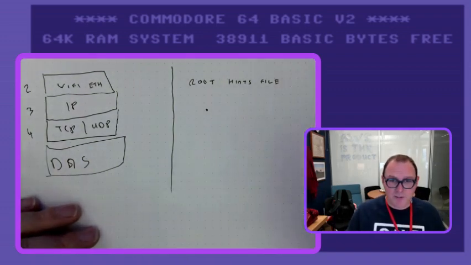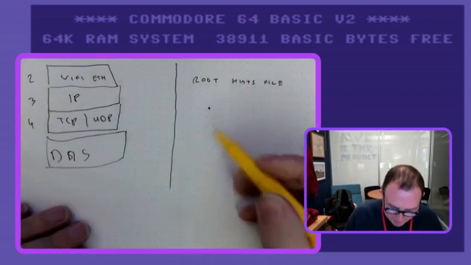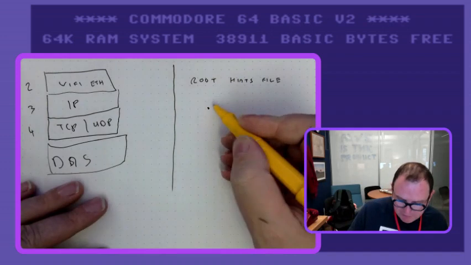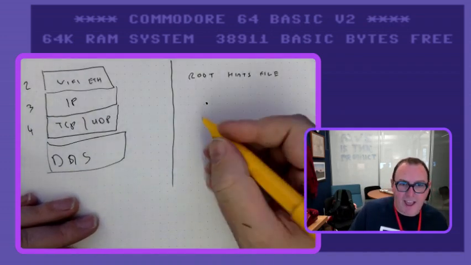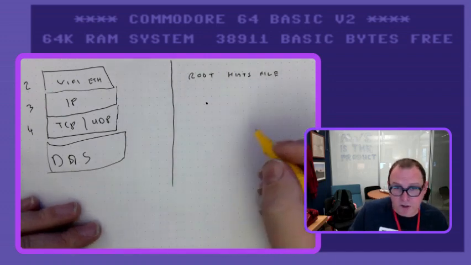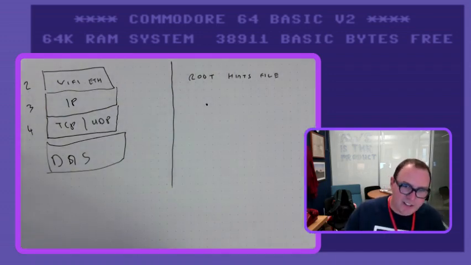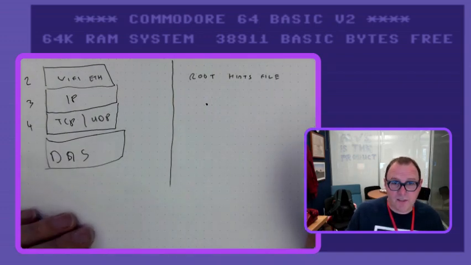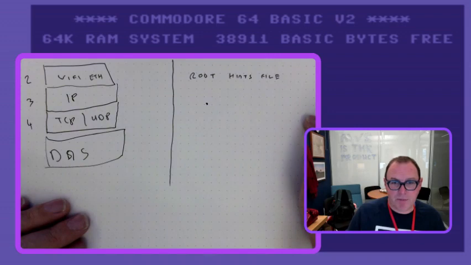Zones are an important concept that will hopefully become more clear as we get through this. But it basically asks each of those name servers, tell me what the data is for dot, and one or more of them will respond and say, okay, here's the data for dot. Here's the current list of IPs that are in the root zone. And that's what it actually uses from that point on.